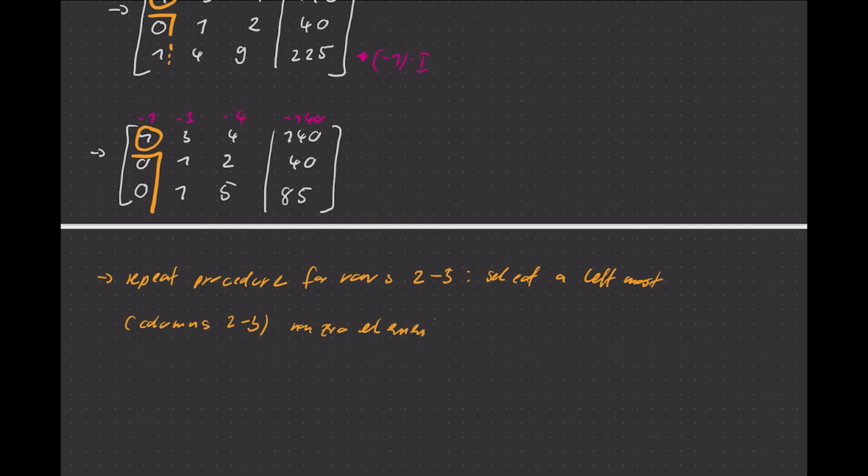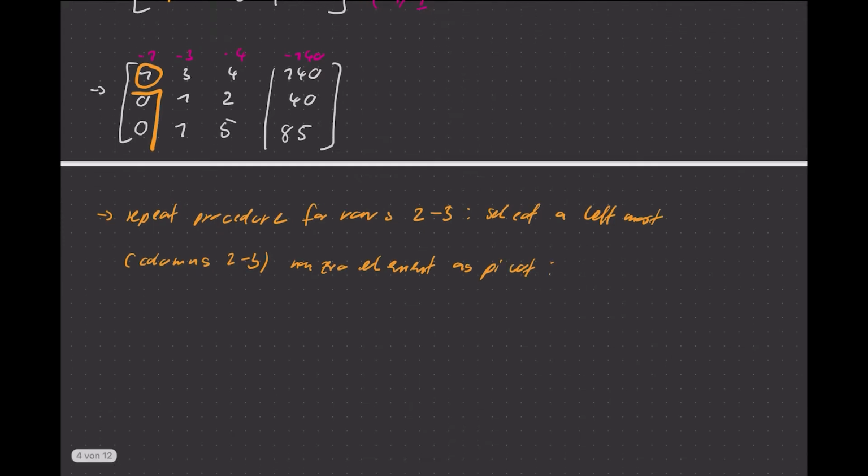So let's write down our current tableau first. We have 1, 3, 4, 0, 1, 2, 0, 1, 5. And the right hand side is 140, 40, and 85.